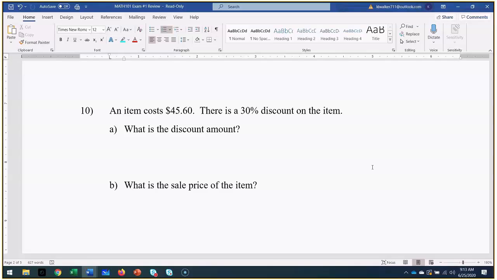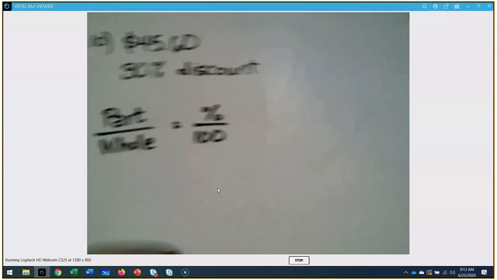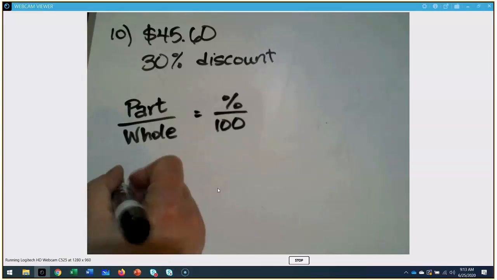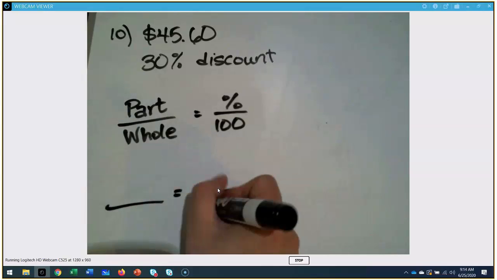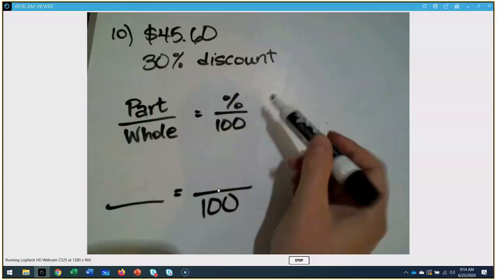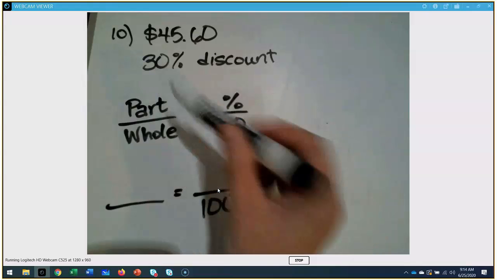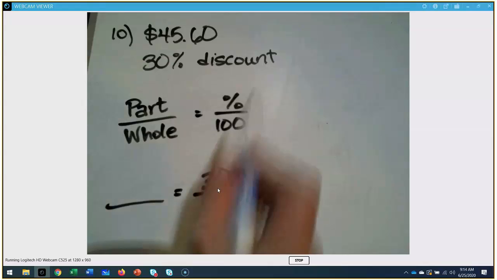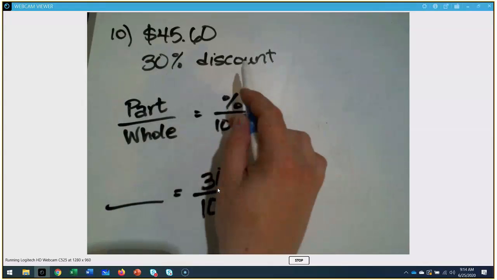Okay. Same thing as the last one. I see a percent and another value, so I am immediately going to try my proportion. So when I plug my percent in, it's 30%. Keep in mind now what it represents. That's why I'm labeling all of this.